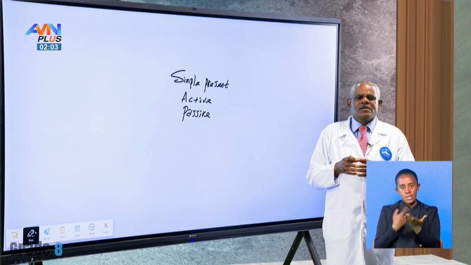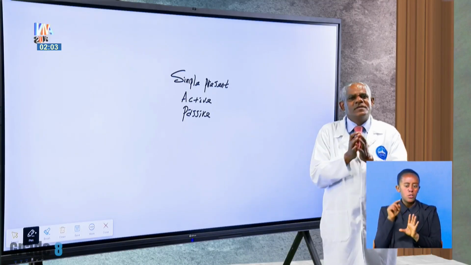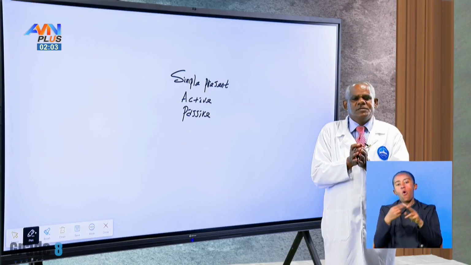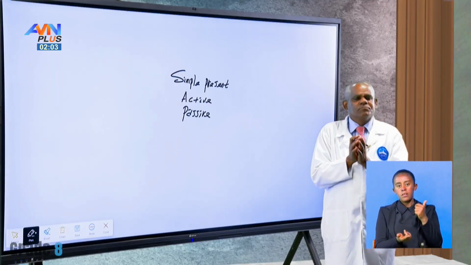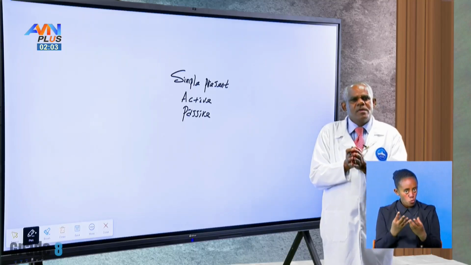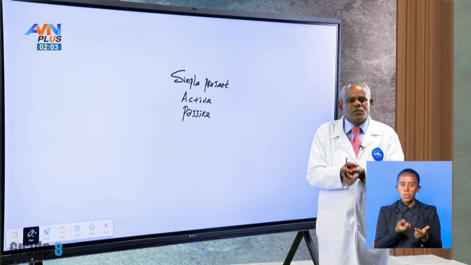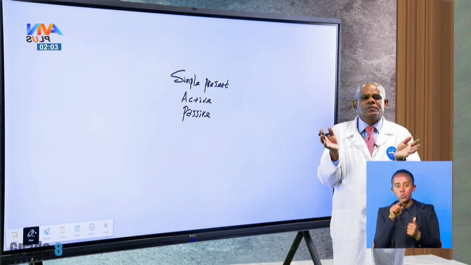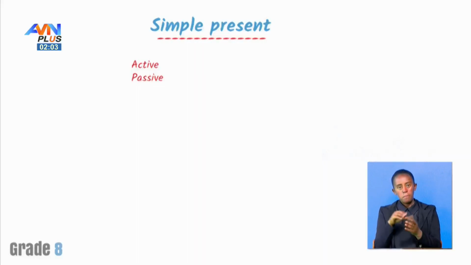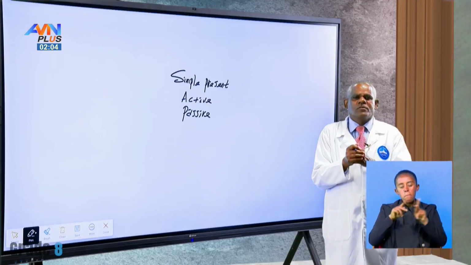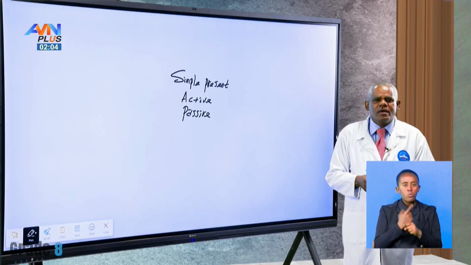In such a case, don't forget that you have to use different kinds of pronouns: first person singular I, first person plural we, second person singular and plural you, and all third persons, including they, the plural form, are also part of simple present tense active voice. They all stand for referring to what? People, or the one who is performing or doing the action in a sentence.